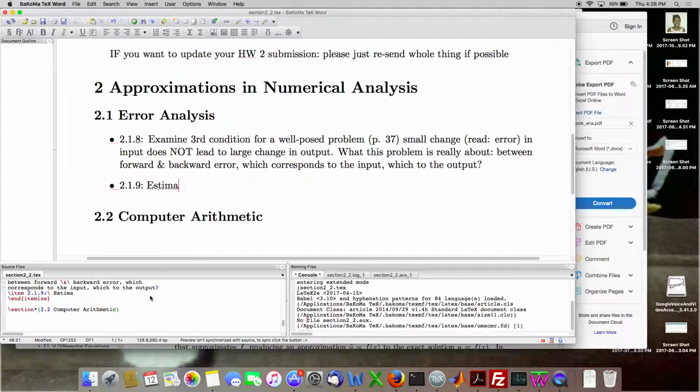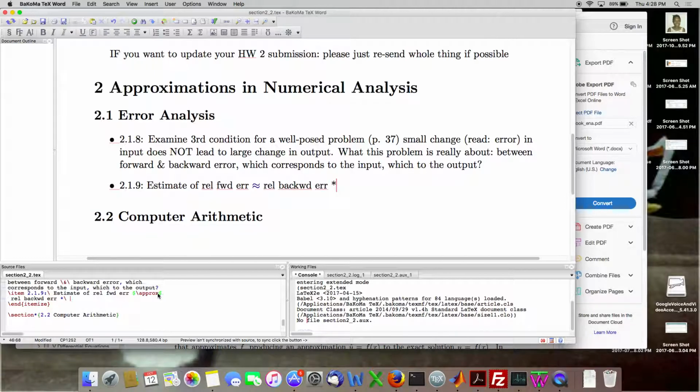The idea here is that the estimate of relative forward error is given by, and I say approximately equal because again, all of this is just estimates, the relative backward error times what? Which condition number? Relative condition number. Okay, so that's one key idea.